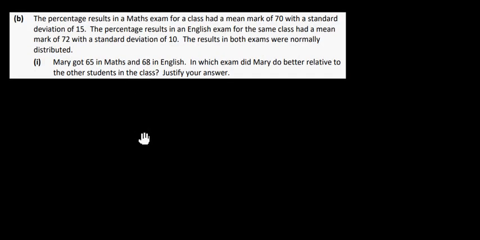The percentage results in a maths exam for a class had a mean mark of 70. So let's just write these down as we go along. So we're talking about a mean of 70 with a standard deviation of 15.